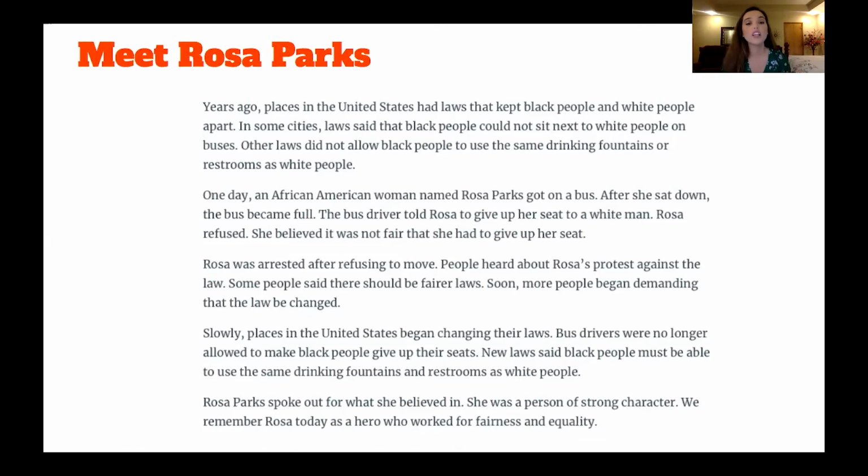Now, if you want to add the supporting details, look through the last 4 sentences. Do you guys believe that those sentences support our main idea? Is that what the paragraph is about? Okay, hopefully you guys think that that is what it is about, but we do also need the information that she refused to give up her seat.